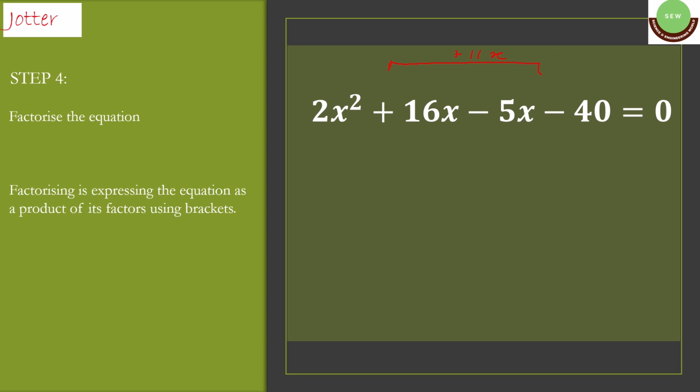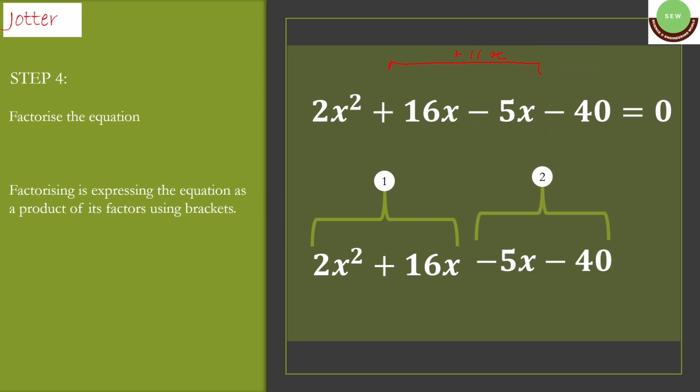So we have the first part, which is the first 2 terms in the left-hand side, the second part will be the other 2 terms in the left-hand side, and the right-hand side will be a part on its own. Now, what's the importance of this? We want to find the highest common factors for each of these groups so that we can now factorize the equation completely.